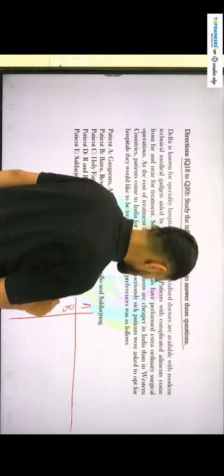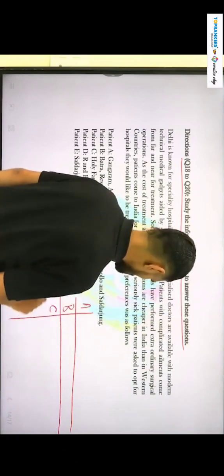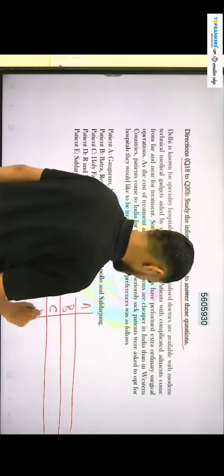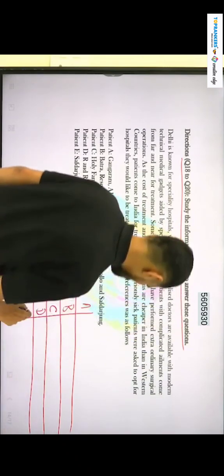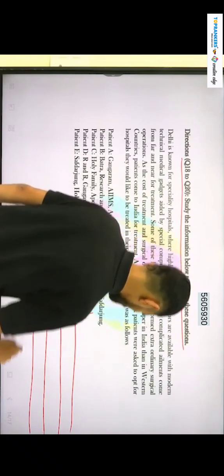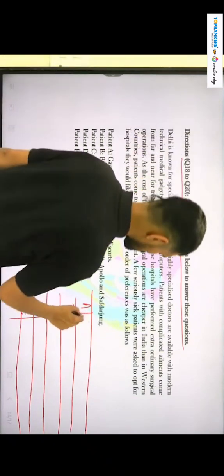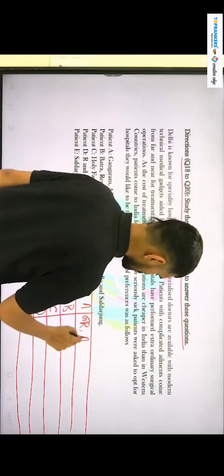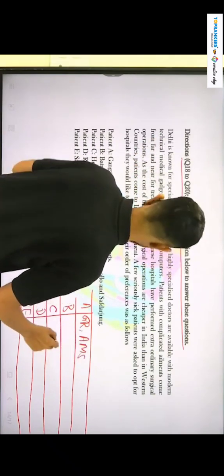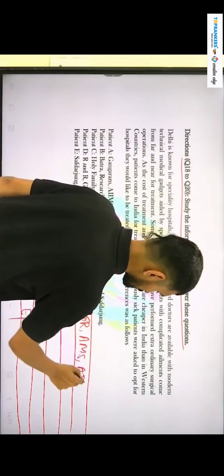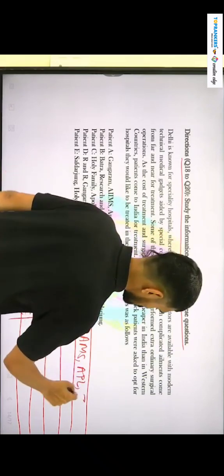A, B, C, D and E. And the hospitals that A prefers are Gangaram, AIIMS, Apollo, and Escorts.